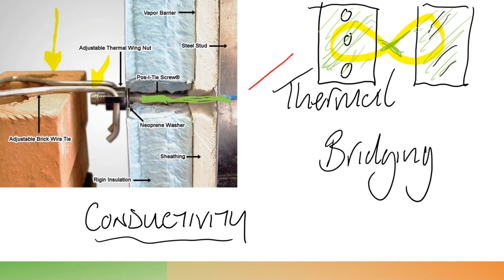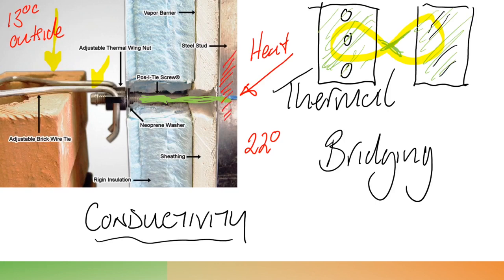So if we say the inside heat here is 22 degrees, and on the outside it's 13 degrees, heat will obviously penetrate the steel stud, and then that heat is going to travel along this steel tie all the way through.